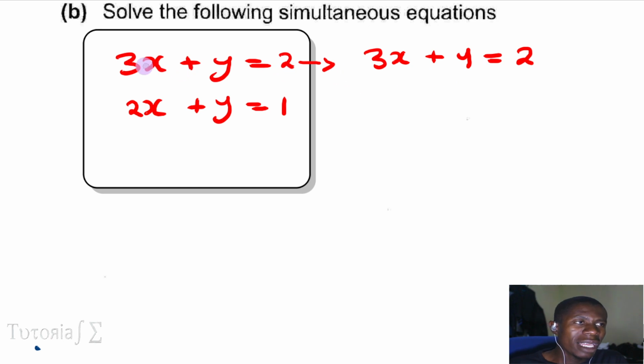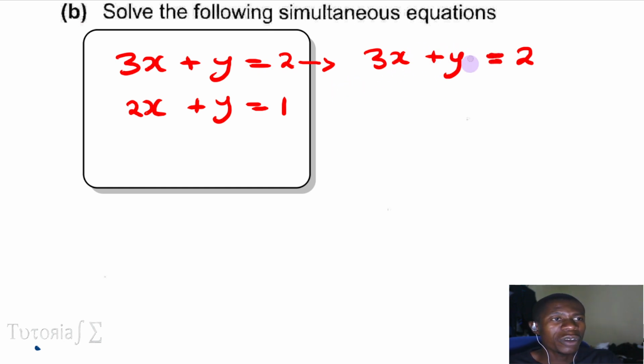So if we pick the top equation, we can make either y or x the subject of the formula. You just look and see which one would be easier to make the subject of the formula. Is it y or x? By subject of the formula, we want it to be alone on one side of the equation.